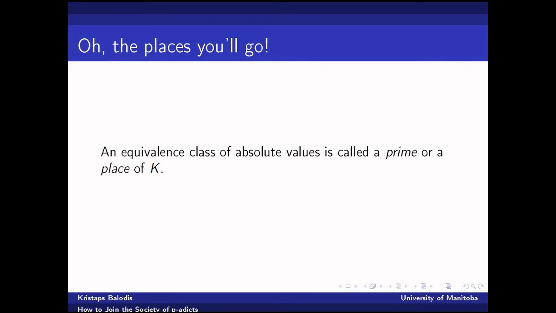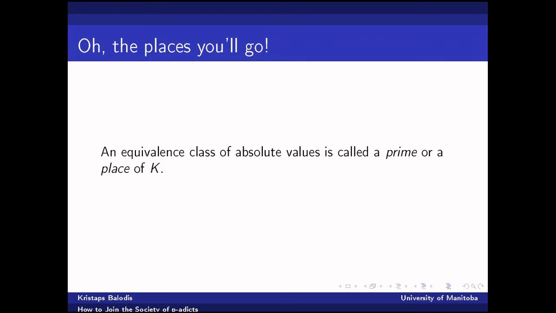So we have these equivalence classes of absolute values up to topology. We're going to call one of these a prime or a place of a number field. That's what we're going to use to denote one of these equivalence classes.